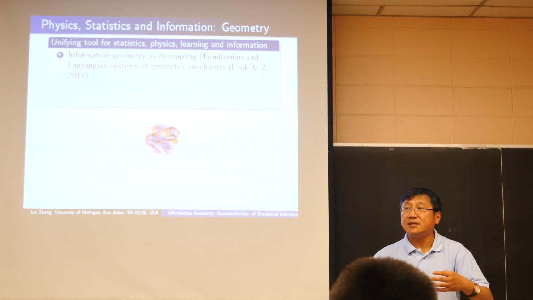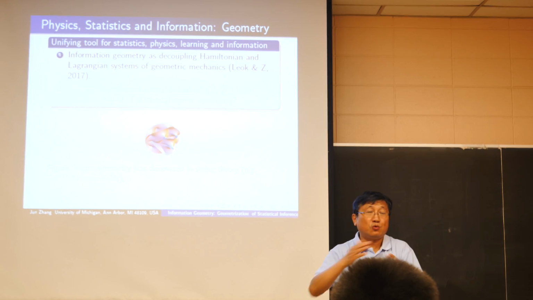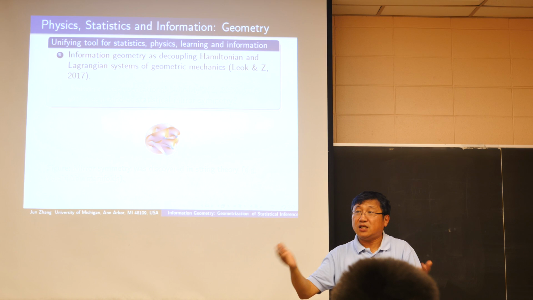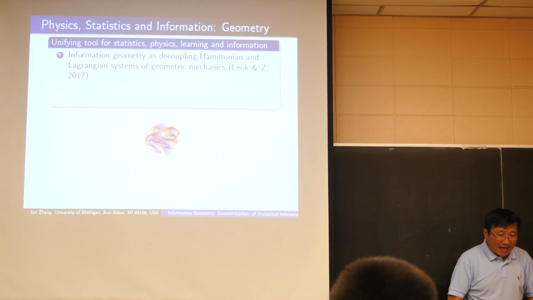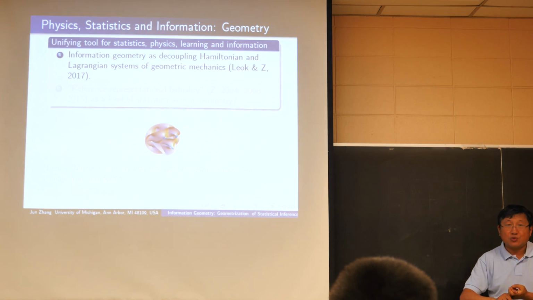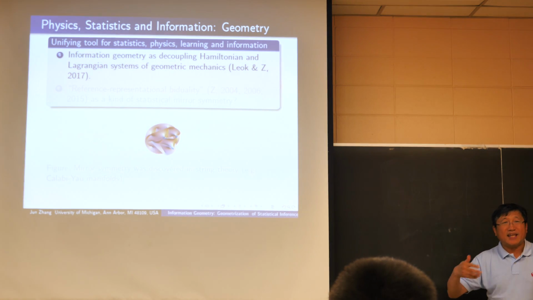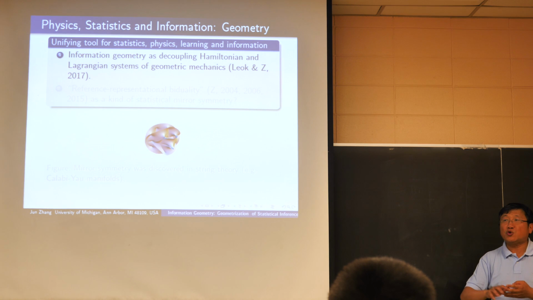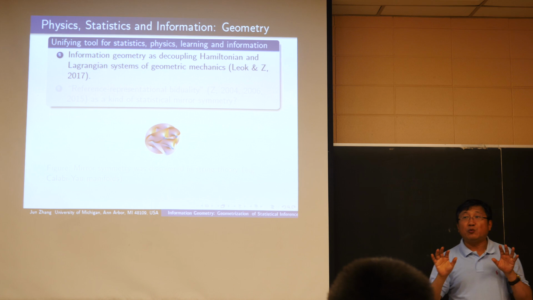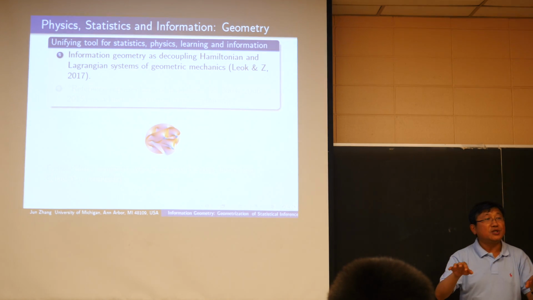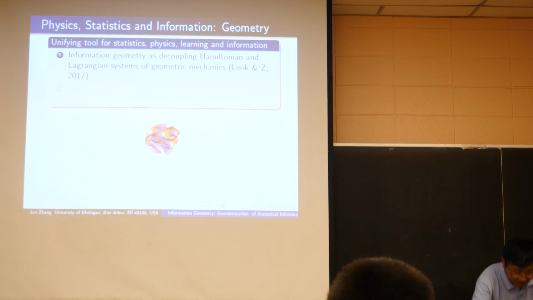But in our case, in information geometry, divergence is never zero. So we look at the non-zero, non-negative divergence function, and try to see what happens to a system like a mechanical system, but really not mechanics. We try to look at what kind of canonical dynamics we can derive after we decouple the Lagrangian and Hamiltonian sides of the dynamics.